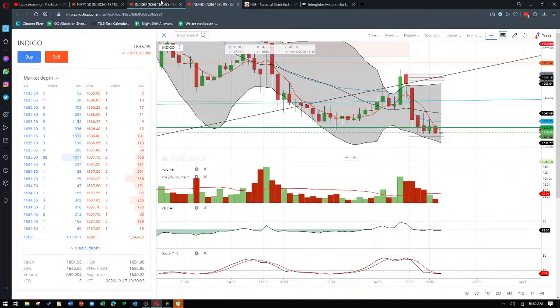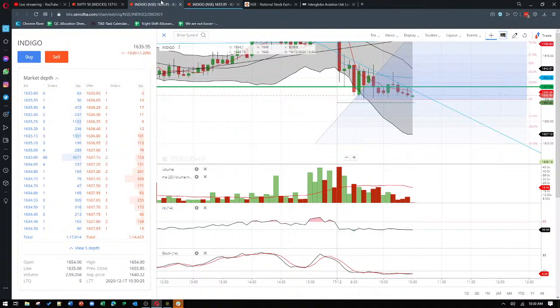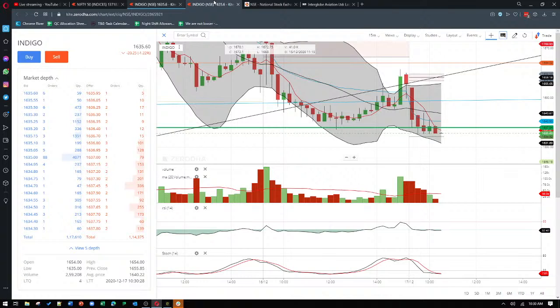Let's see, 5 minutes, what's happening? 5 minutes, same oscillation. Let's wait. You see, the RSI is confirming that the price is very, very weak.